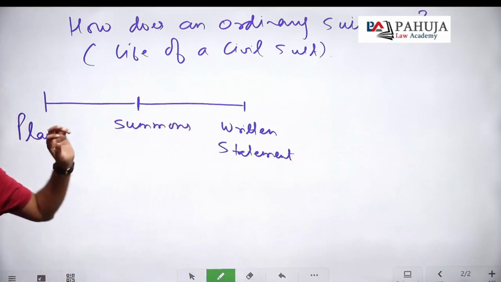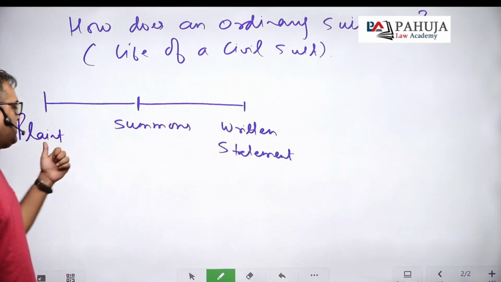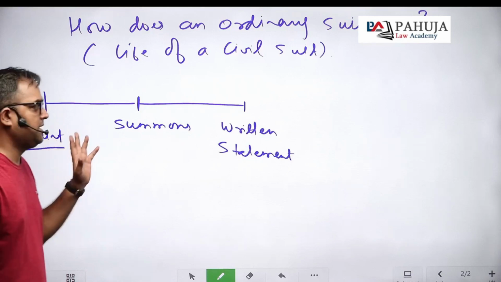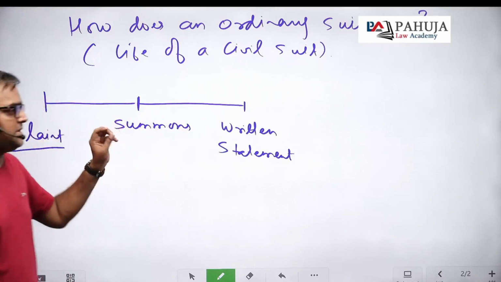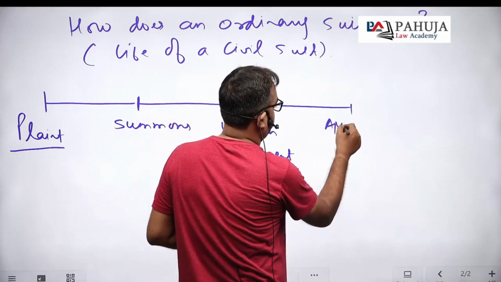The written statement is the reply to the allegations made in the plaint. The defendant actually files this, and this is a reply to all the points that have been raised in the plaint. When both parties, the plaintiff and the defendant, have given their written submissions, the next step is appearance and examination.